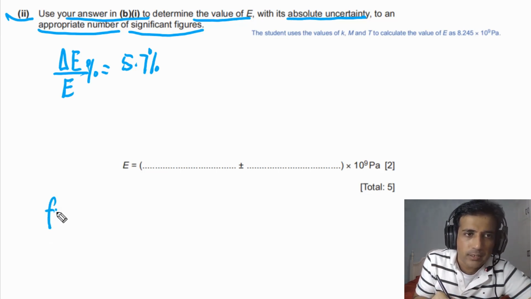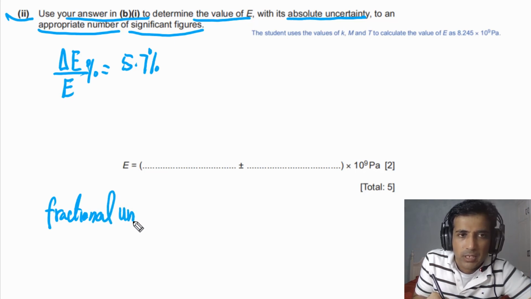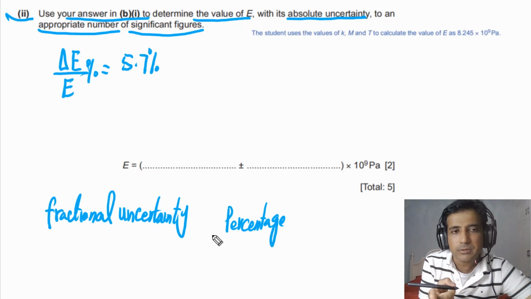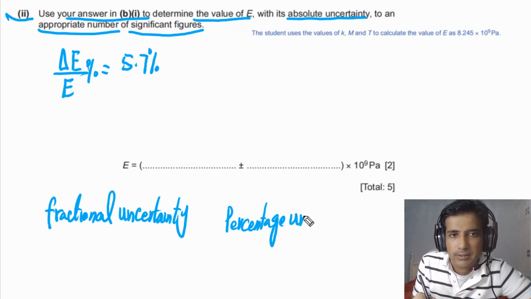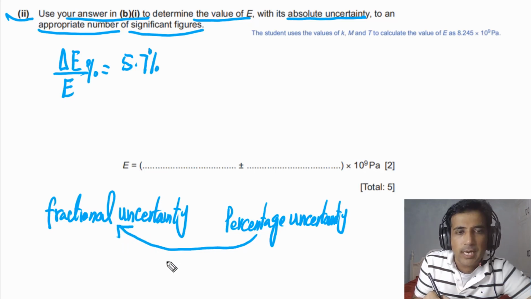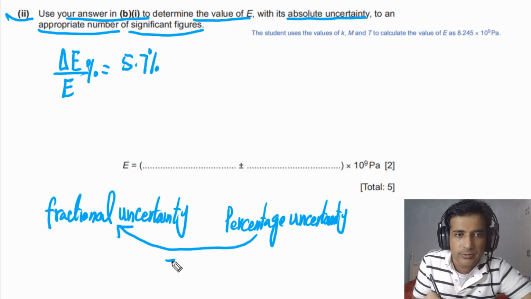Now we need to understand how we can convert percentage uncertainty into fractional uncertainty and vice versa. Let me write down here first of all fractional uncertainty and percentage uncertainty. If you want to convert percentage uncertainty into fractional uncertainty, you have to divide by 100.